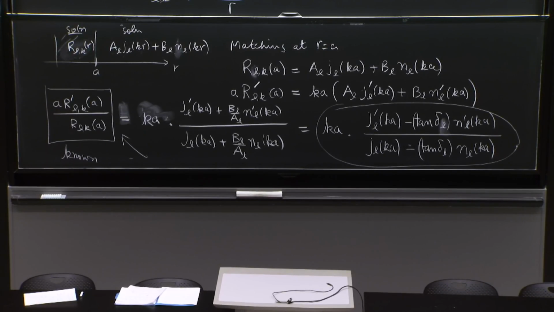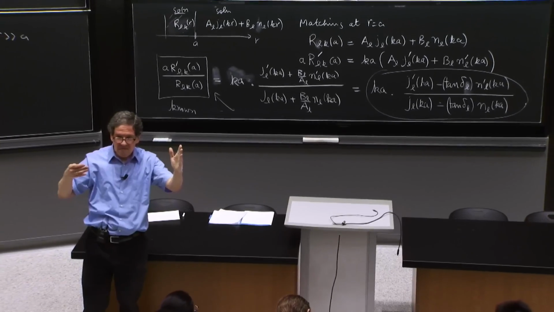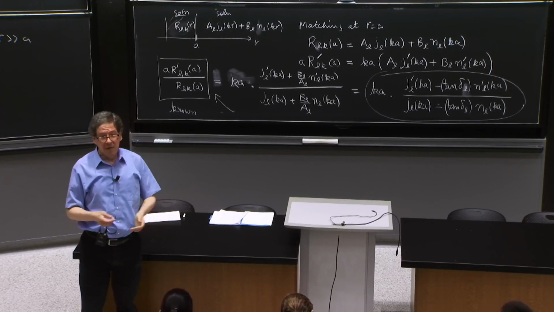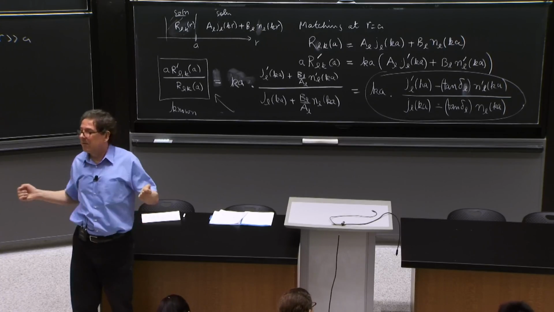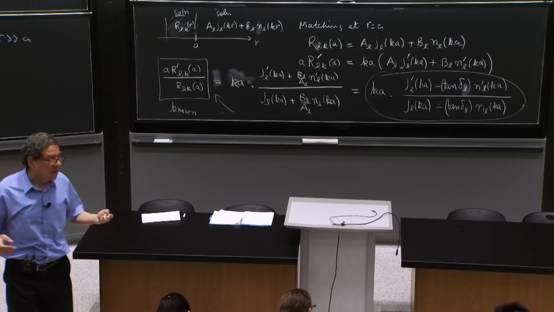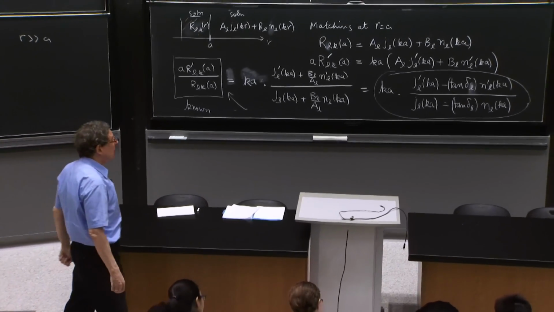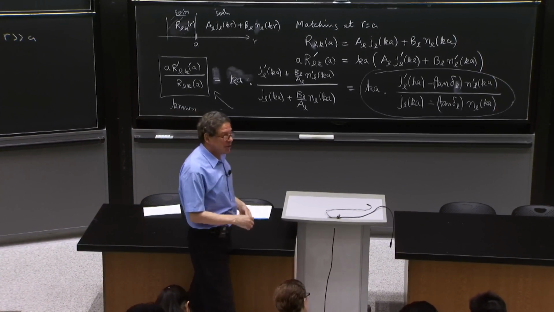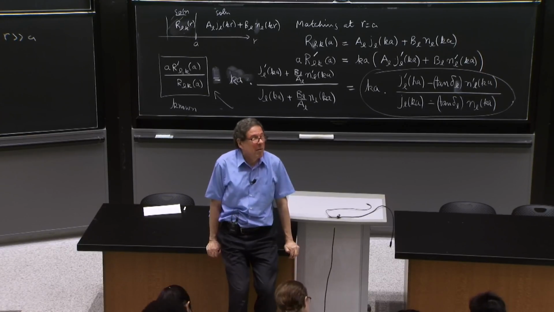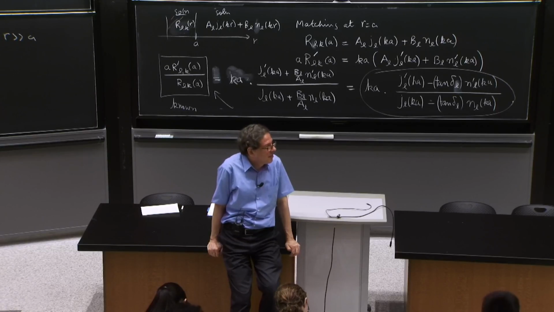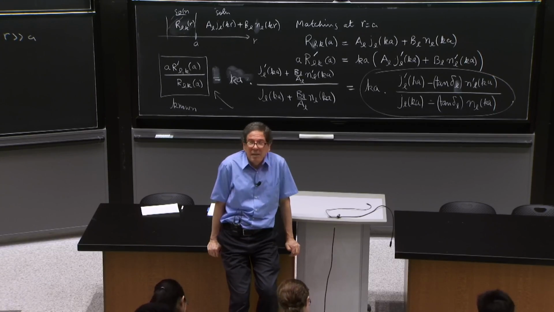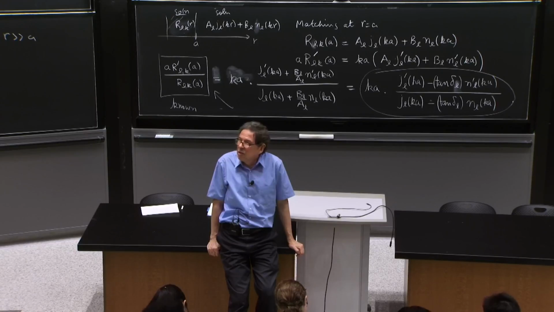This shows that in principle, once you have the solution from 0 to a, you have solved the problem of the phase shifts. You know the phase shifts. It's a matter of just calculating them. Might be a little messy, but if your calculation is important and this is a problem you really want to solve, you will be willing to look at the spherical Bessel functions, which in fact are trigonometric functions times powers.